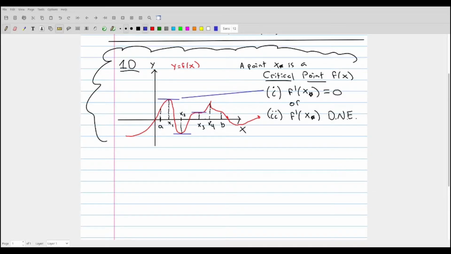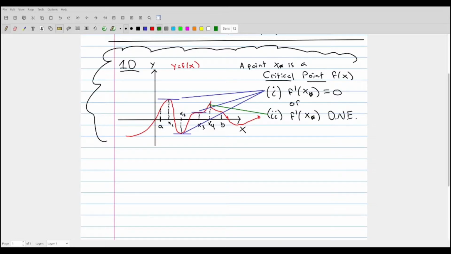So each one of these, x1, x2, and x3, are critical points of type 1. Whereas x4 is a critical point of type 2. It's a critical point because the derivative just does not exist there. The slope does not exist at that point. It's a cusp point, similar to the absolute value function at the origin.